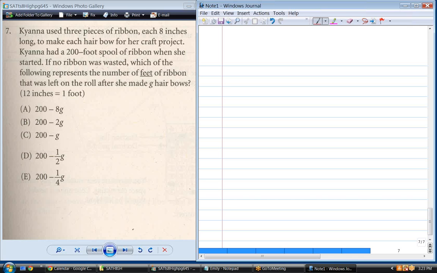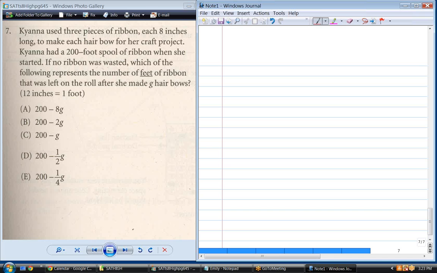Notice why the answer you thought was right isn't on there. Yep. Because one's in inches, the other's in feet. I don't understand this at all. Okay.